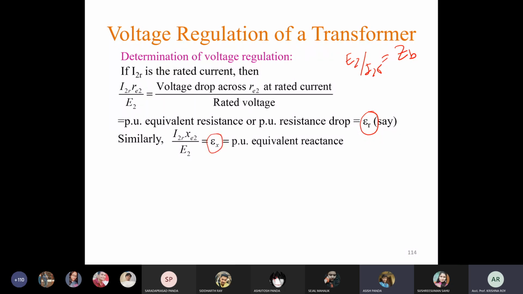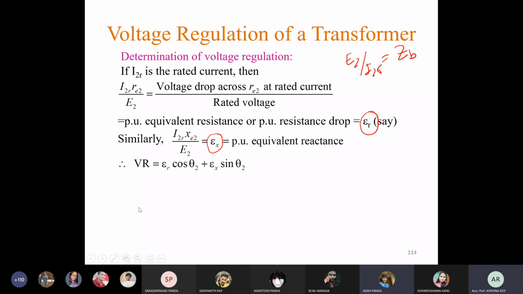So if we know the per unit values of resistance as well as reactance, then we will be able to calculate the voltage regulation of a transformer for a given load, and given load means the power factor has to be mentioned. Given load at a given power factor, then only we can calculate the voltage regulation using this formula, and it is applicable to all transformers.